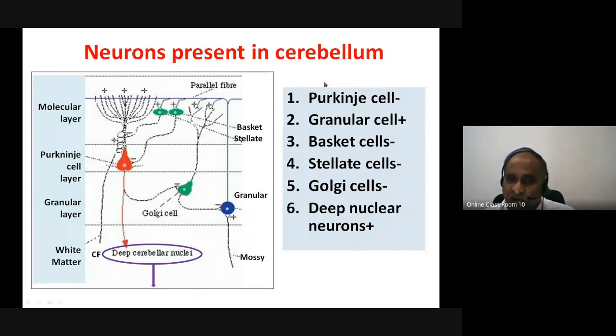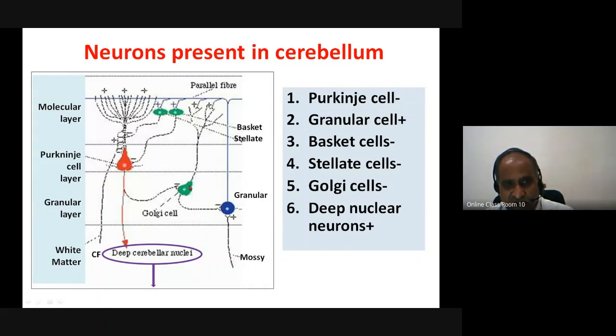So now we have 5 types of neurons in the cerebellar cortex: the Purkinje cell, the granular cell with its typical T axon, then basket cells and stellate cells in the outer molecular layer. The stellate cells are more external, and the basket cells are interior. And the Golgi cells.